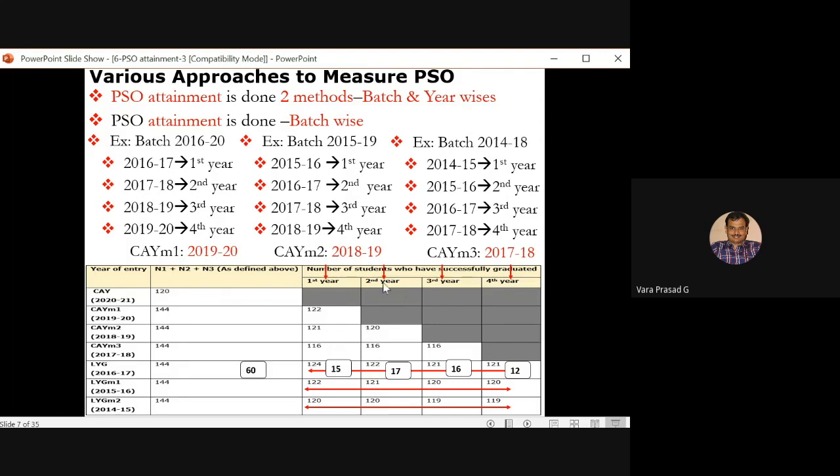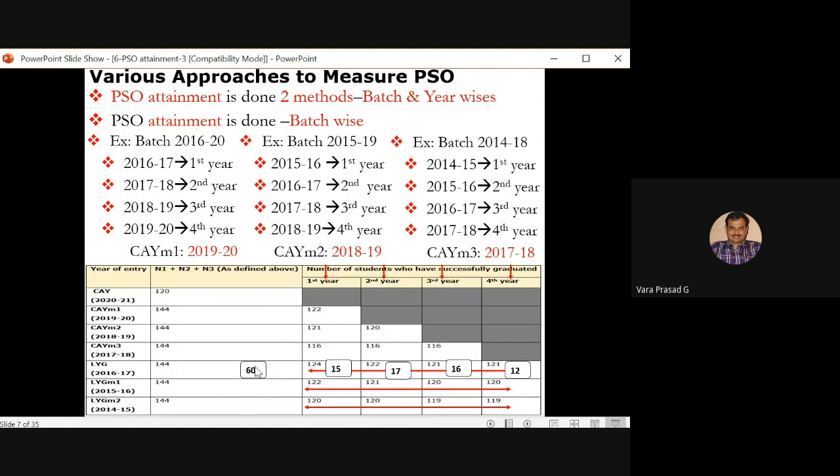In second year, these students study 17 subjects, in the third semester as well as the fourth semester. In third year they would have studied 16 subjects, in the fifth semester as well as the sixth semester. And in the final year I'm assuming there are 12 subjects, in the seventh semester as well as the eighth semester.